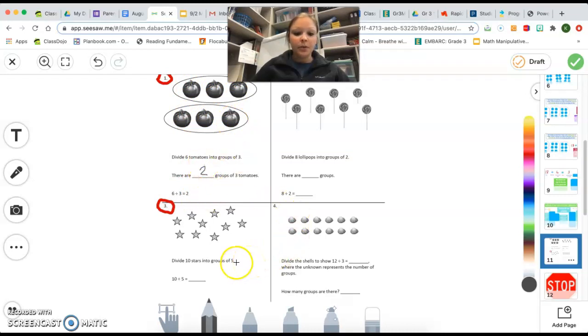And then in number 3, we're going to divide 10 stars into groups of 5. So I'm going to take these and put them in a group, and I'm going to take these and put them in a group. There are 5 in each group. So 10 divided by the 5 in each group equals 2 groups.